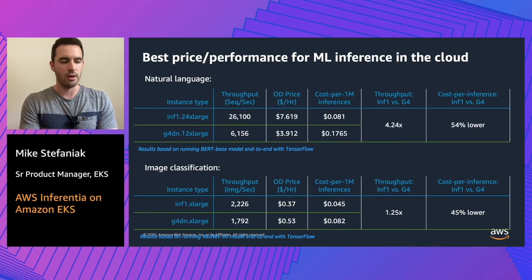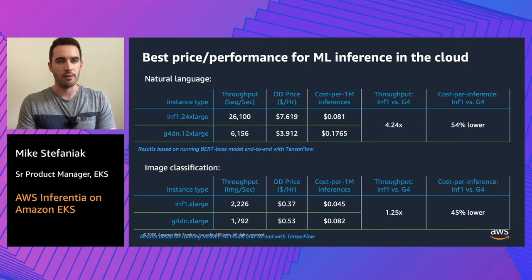And we'll show some details here. These were tests we ran. These weren't a benchmarking test in a synthetic lab just to showcase hardware capability. These were real life examples. And in the top case, we used BERT, which is a natural language understanding model. The test was running using TensorFlow Serving, and we compared Inf1 instance performance against G4 instance performance.